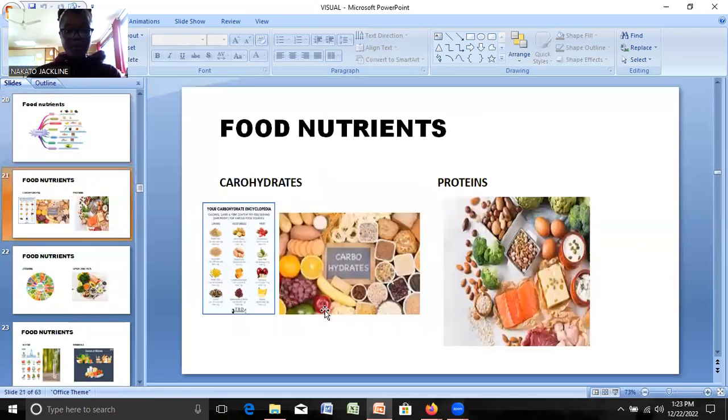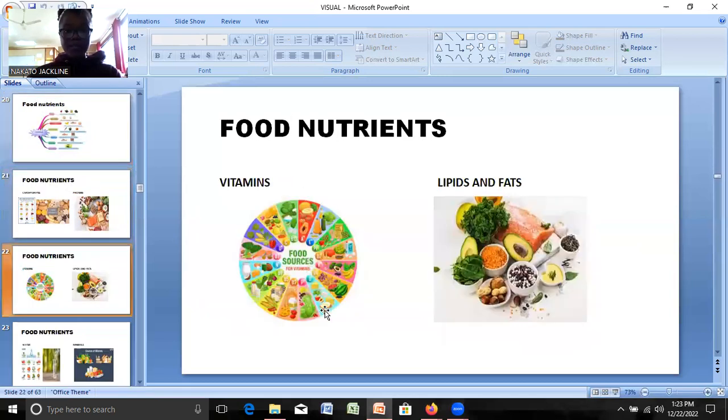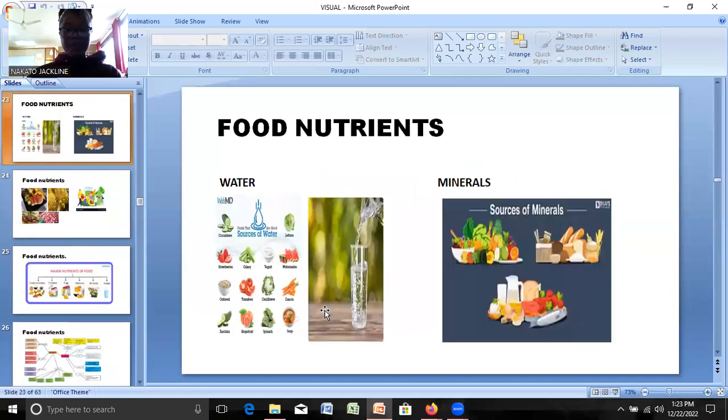Then about carbohydrates, we've talked about it. Other food nutrients include water. Water is also a nutrient needed in our bodies, and there are various sources of water, as you see in the picture below.